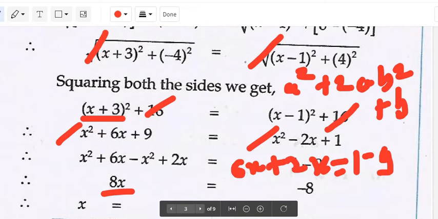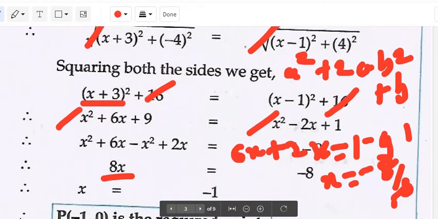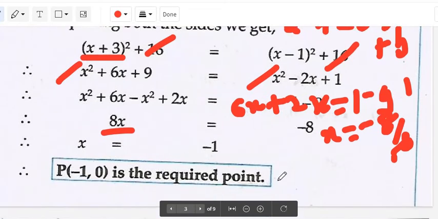How does 8 get cancelled? Minus 8 divided by 8. Here one step is there, x is equal to minus 8 divided by 8. 8 ones are 8, 8 ones are 8, that is x is equal to minus 1, and therefore which is the required point?